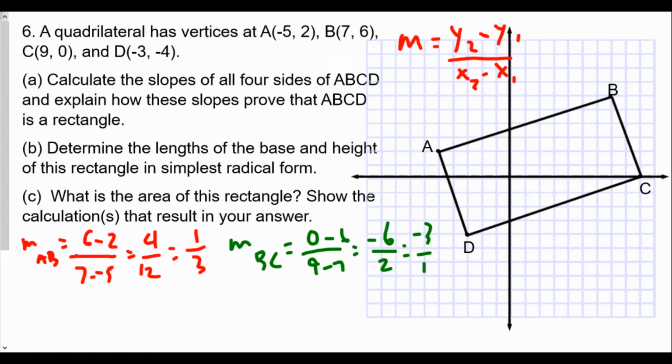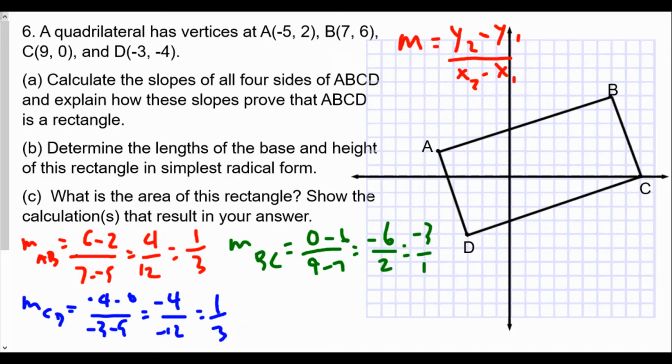Let's continue finding the other slopes. So now we're going to find the slope of CD. In this case, we'll do -4 minus 0 over -3 minus 9, which gives us -4 over -12, or positive 1/3. We definitely know that AB is parallel to CD because when two segments have the same exact slope value, they're parallel to each other.